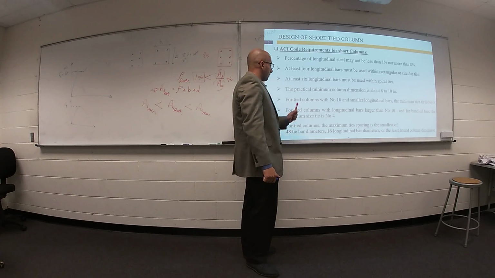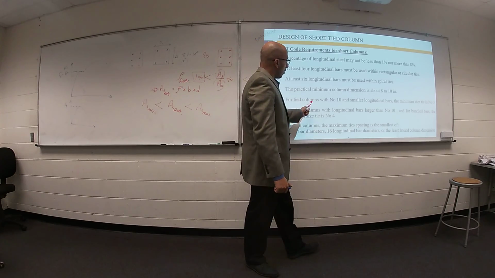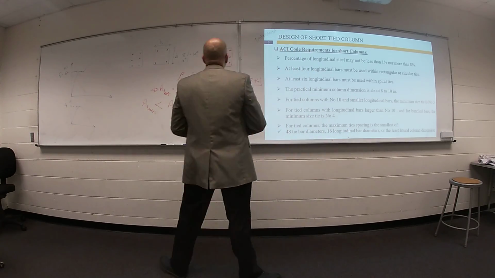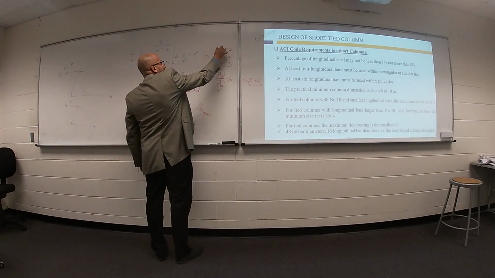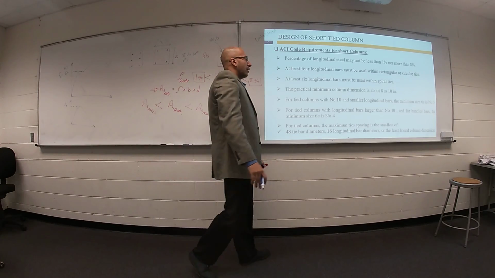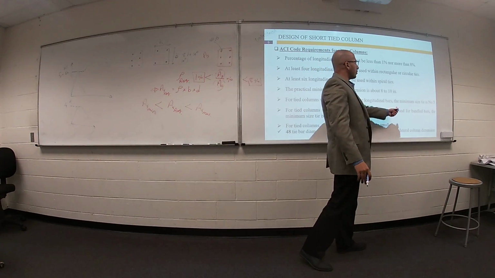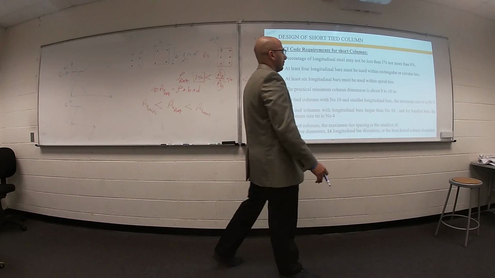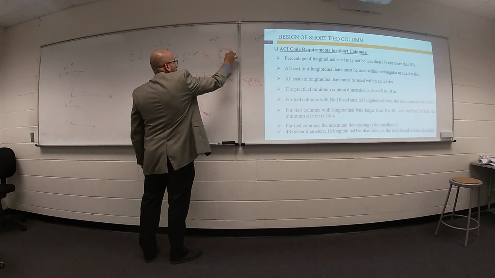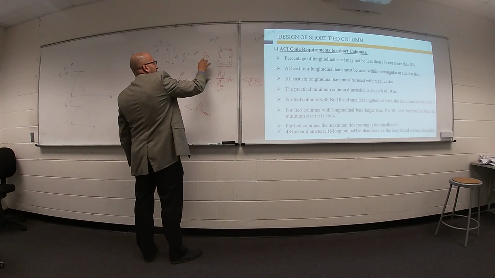For tied columns with number 10 and smaller longitudinal reinforcement, the minimum size of tie is number 3. These ties must be number 3.